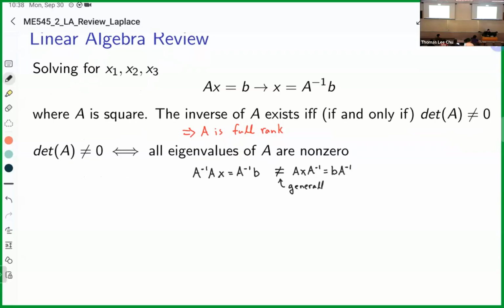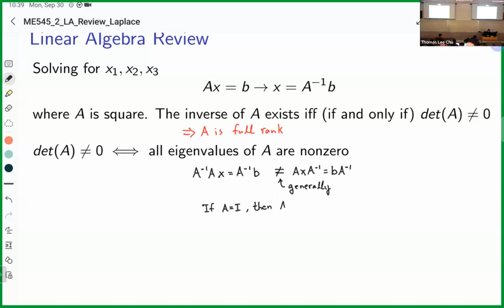There are special cases where this holds true. Can anyone guess one case? Yep. If A is the identity matrix, this is true.